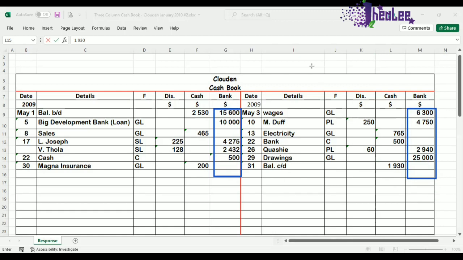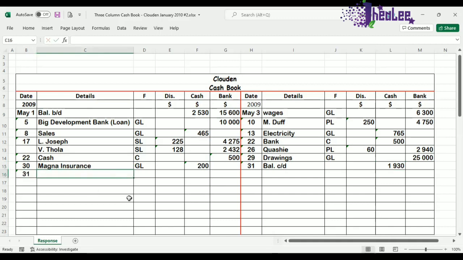Now, when you total, you would notice that your credit is larger than your debit for the bank. Hence, our balance carried down is placed on the debit side. So May 31st, balance, CD, the difference between the two sides is $6,183. And now that we have our two balance carried down, we can then put in our totals.